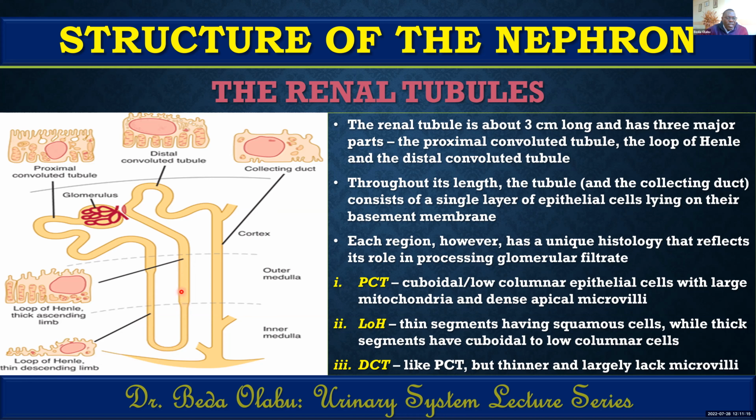Then this thick segment of the loop will have a structure almost similar to that of the DCT. And so basically, lower cells with fewer microvilli, if any, but they still show a lot of mitochondria and basal membrane invaginations. And then moving from there, we can now talk about the collecting ducts in the next slide.